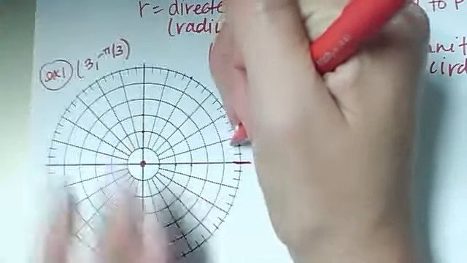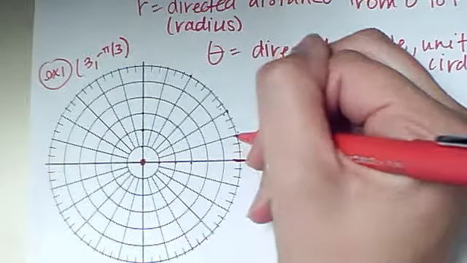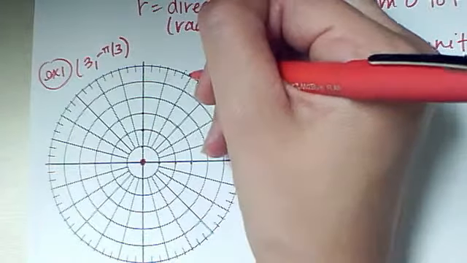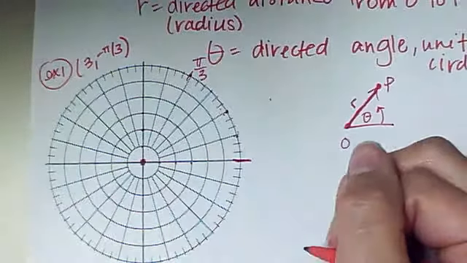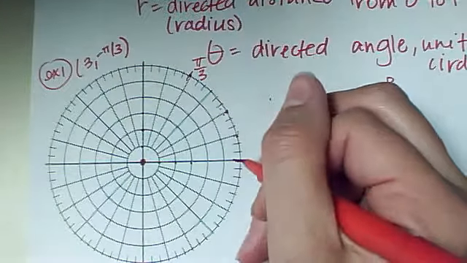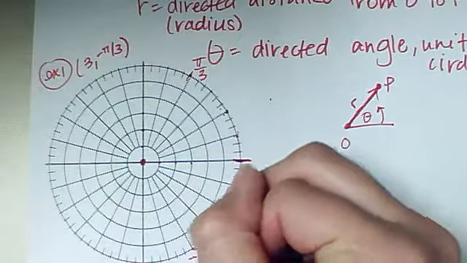Okay, let me think about this again. These are divided into 12, so let me restart. Pi over 12, 2 pi over 12, 3 pi over 12, 4 pi over 12. So this would be pi over 3 when reduced. To get negative pi over 3, I would go back in the direction of 4. 1, 2, 3, 4. This is negative pi over 3.